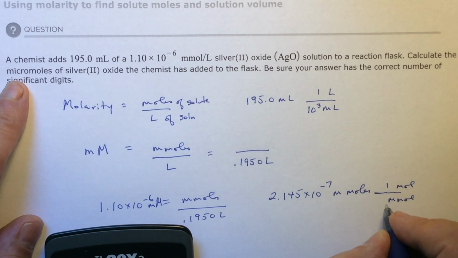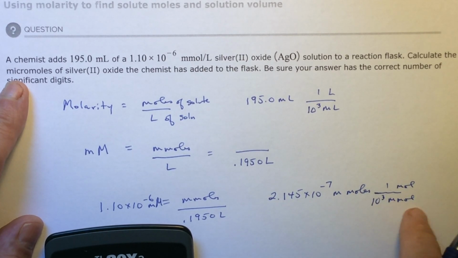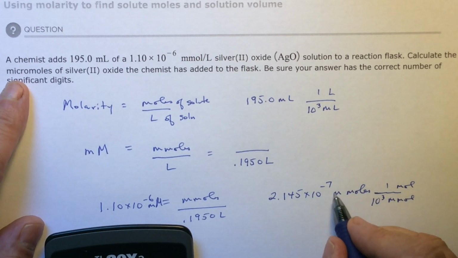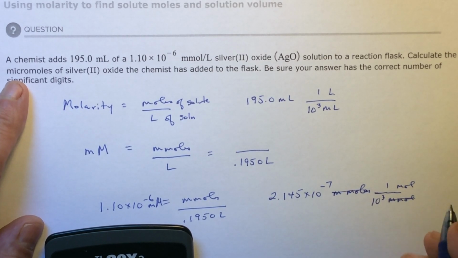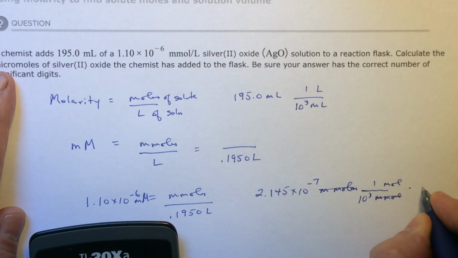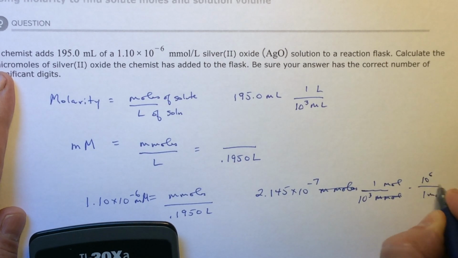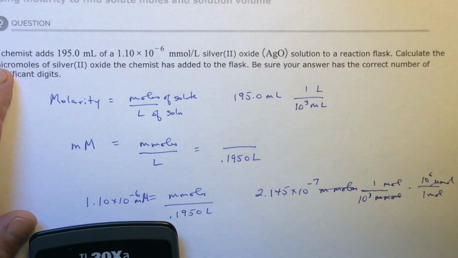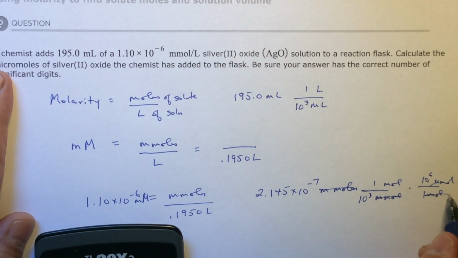Mole's bigger. Milli is 10 to the 3. Okay, so that will give me, millimoles will cancel. I'm now in moles. Let's keep going because I want micromoles. In 1 mole, I've got 10 to the 6 micromoles. All right, so now moles have canceled.